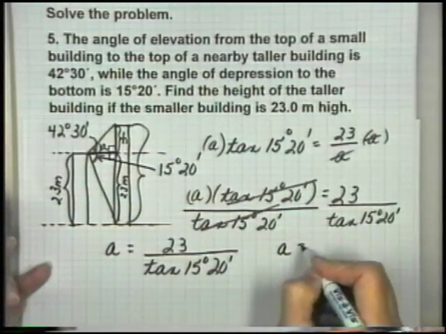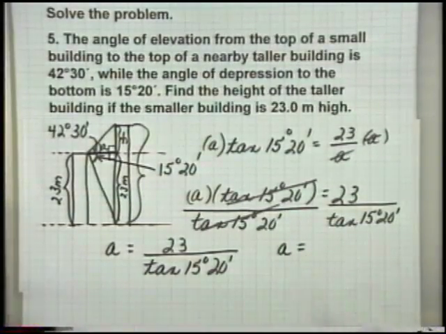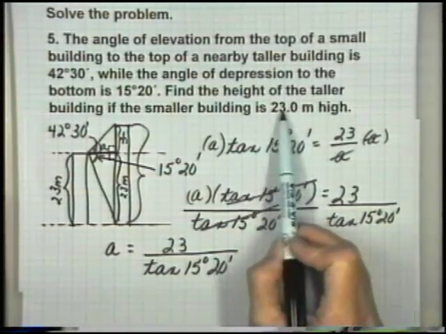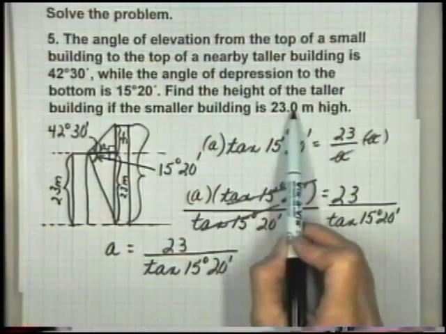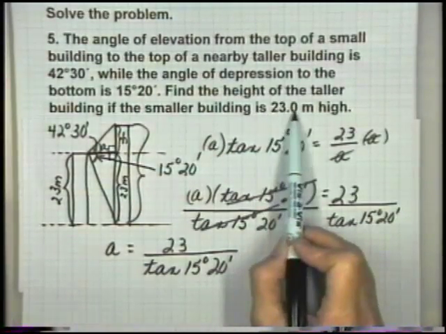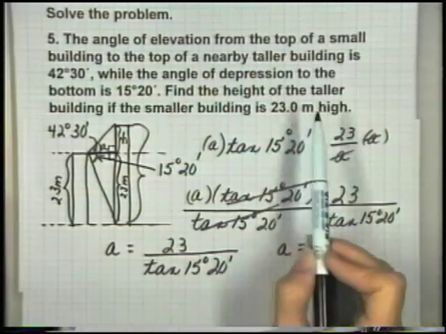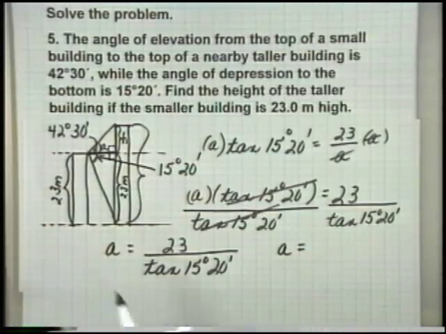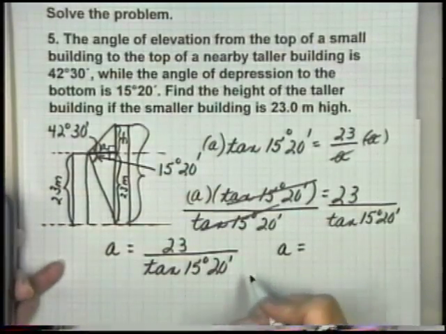And here's what I got for side A. Side A, let's see, is 83.88207428. What do we want to round to? Well, the height of the smaller building was given to us in 3 significant digits, and both our angles are 3 significant.